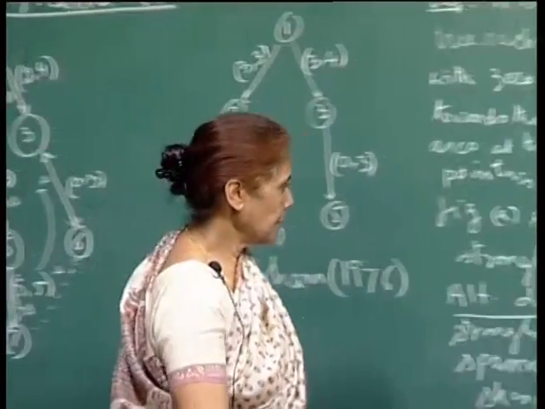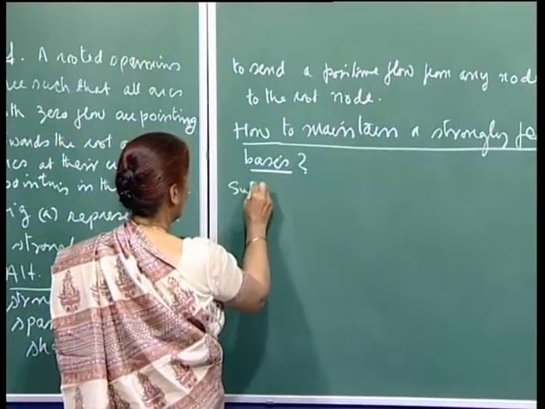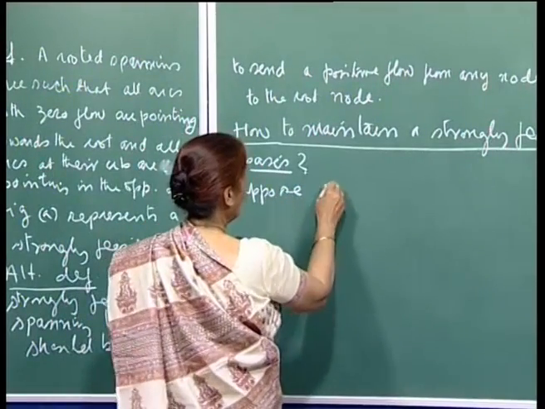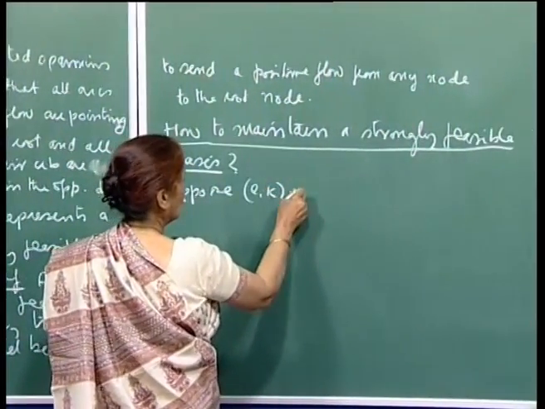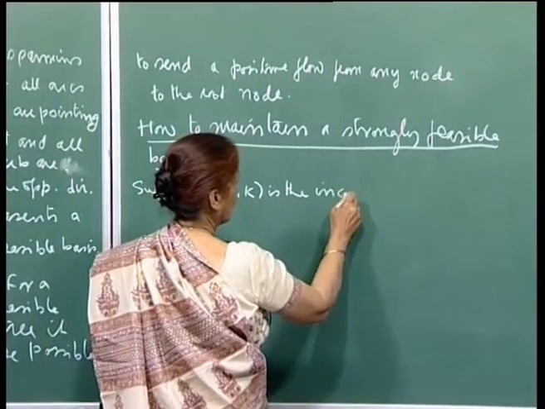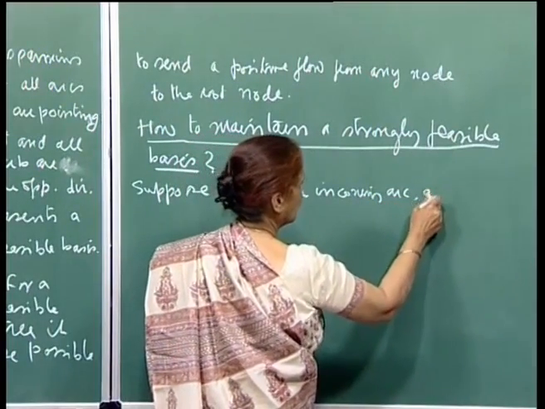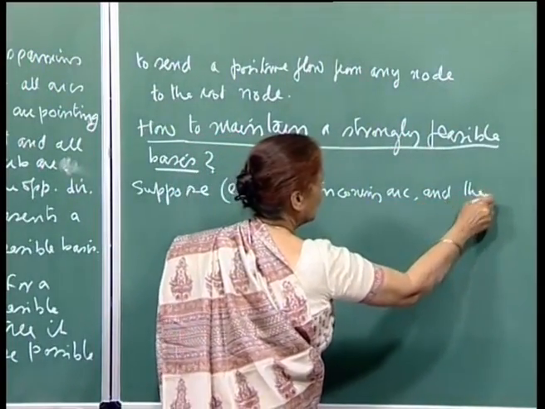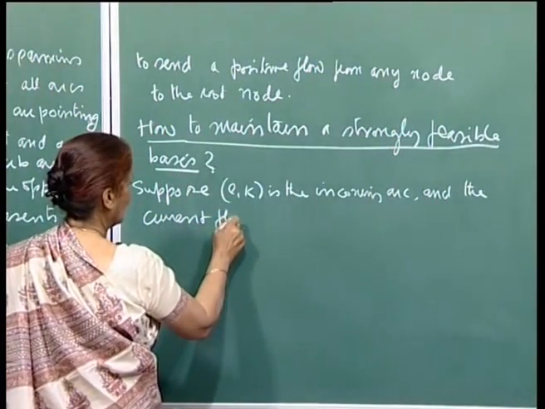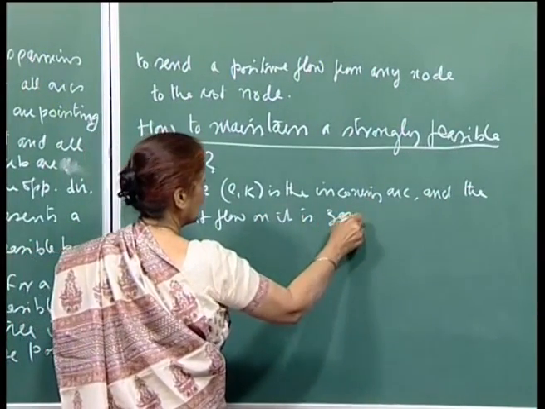So, let me make a few definitions here. I will give you the rule. Suppose LK is the incoming arc, and the current flow on it is 0.